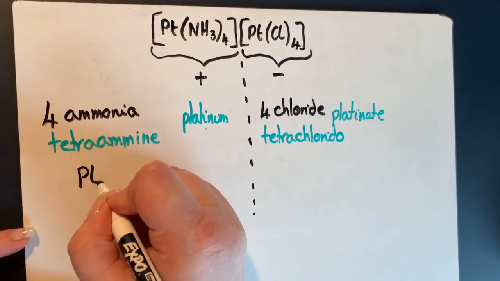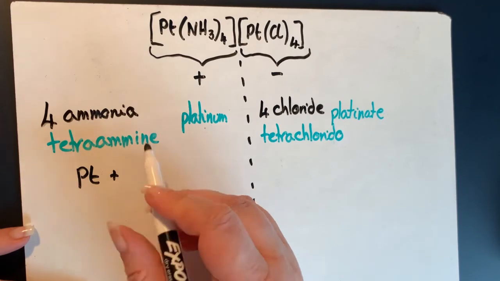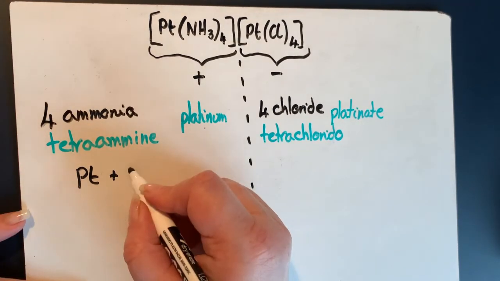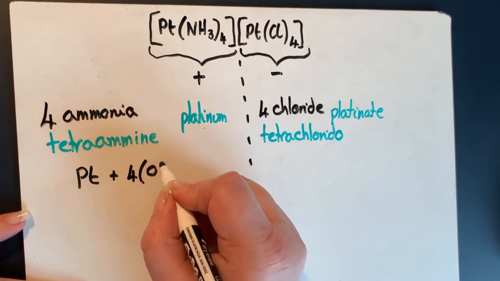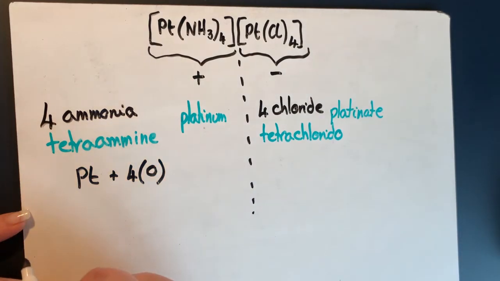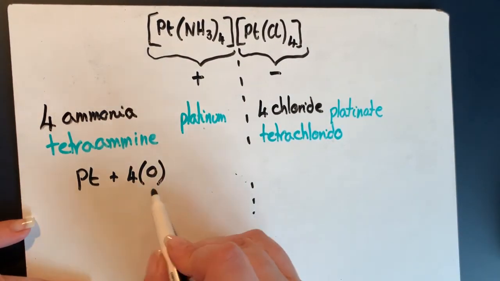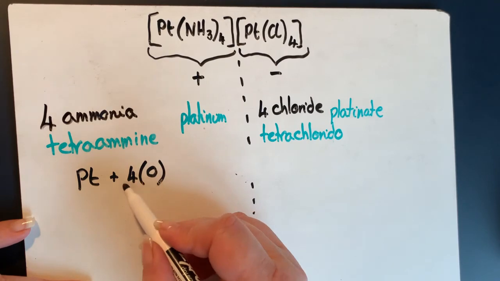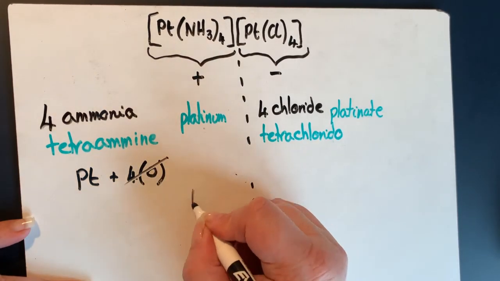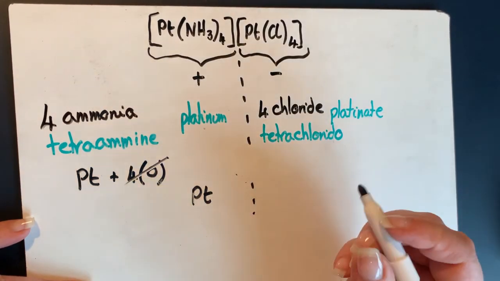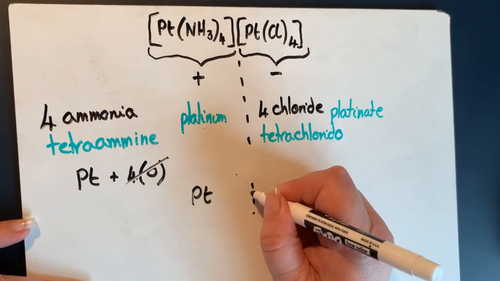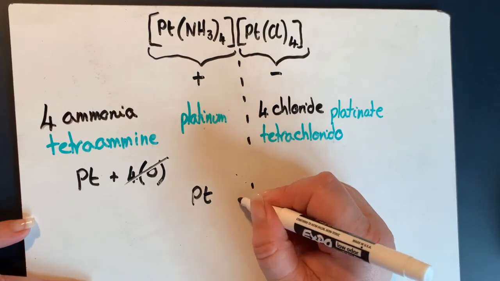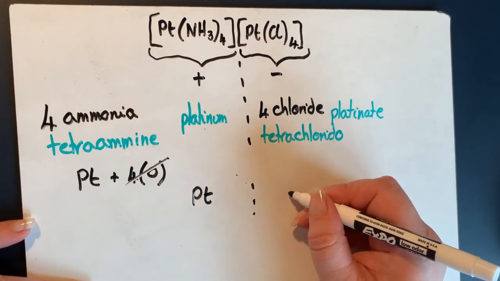We've got our platinum and we have 4 ammonias. And ammonia has no charge. So simplifying this side, we can get rid of this. We're not interested. We've just got the charge of the platinum. And that's going to be equal but opposite to the charge on this side.